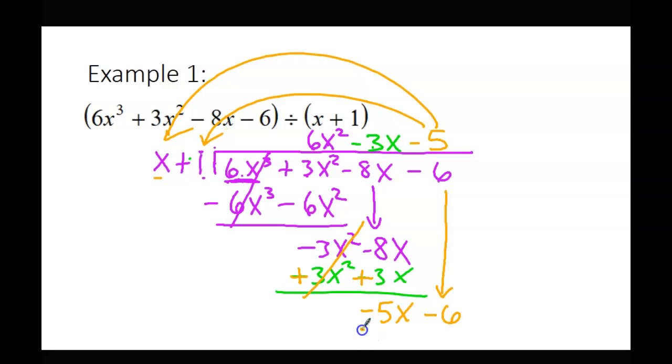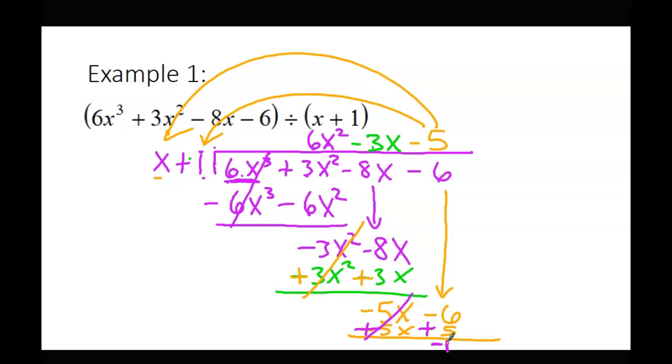And that gives us negative 5x minus 5. And then we subtract. And once again, when you subtract negatives, they become positives. This cancels, and then negative 6 plus 5 makes negative 1. And at that point, that's my remainder.